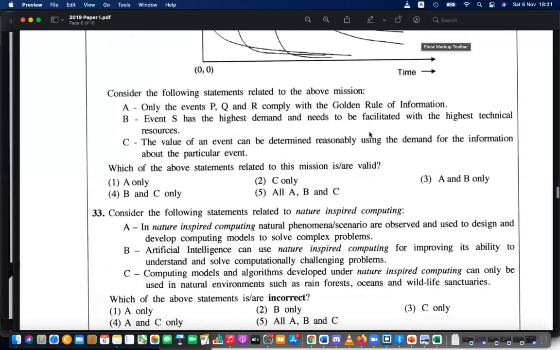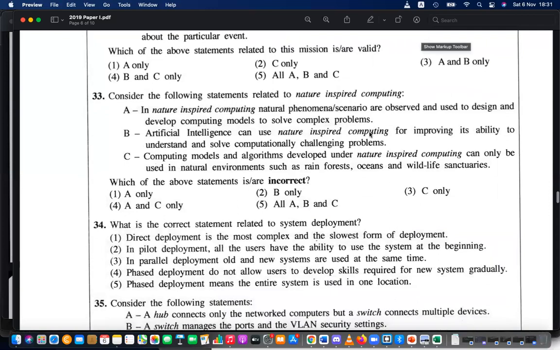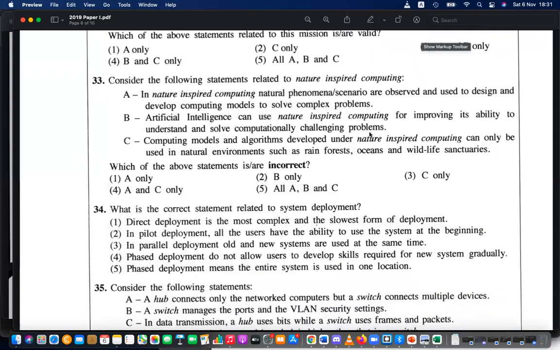Consider the following statements related to nature-inspired computing. Nature-inspired computing uses natural phenomena and scenarios that are observed and used in the design and development of computing models to solve complex problems. That is correct. In nature-inspired computing, a natural phenomenon or scenario is observed and used to solve complex problems.